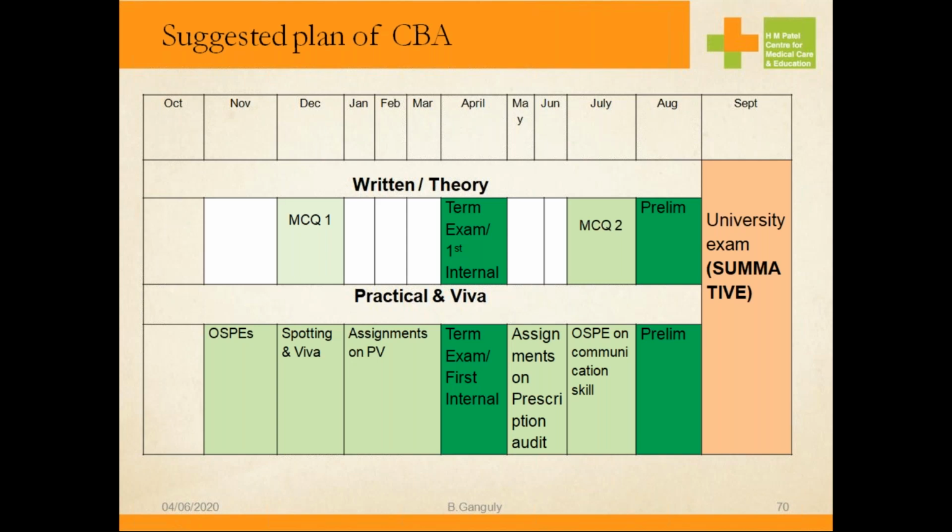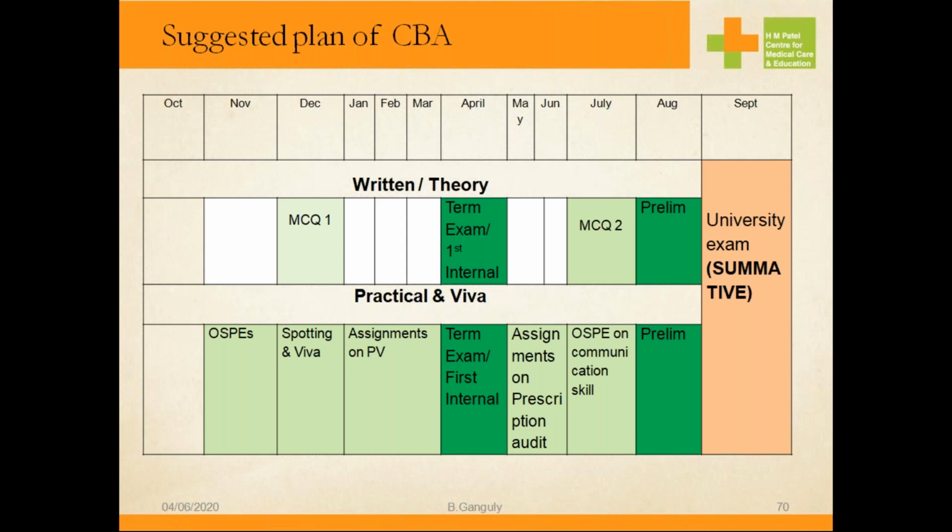At the end of November we can take one small test on this, to see whether the students are able to learn how to give IV and IM. That OSPE we have kept.